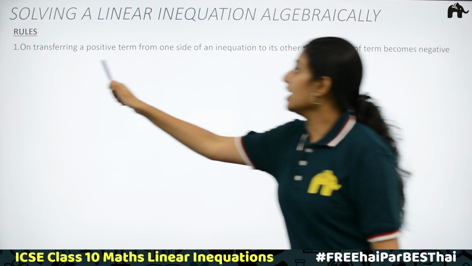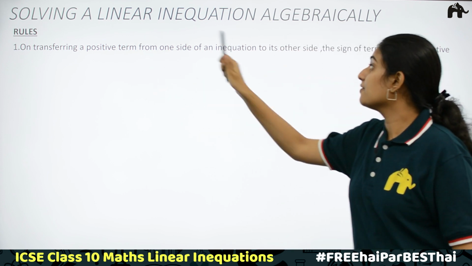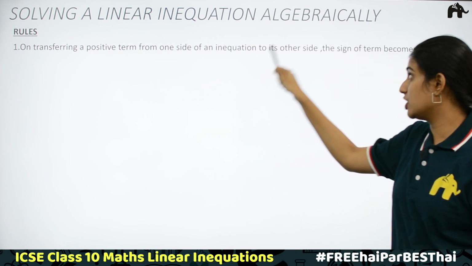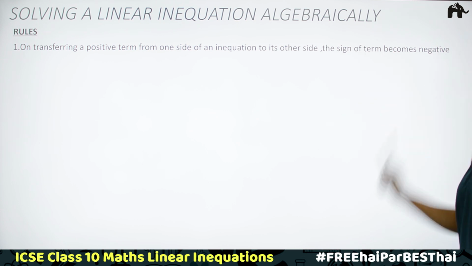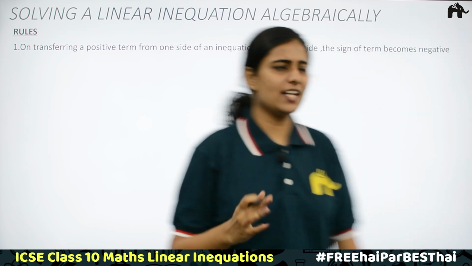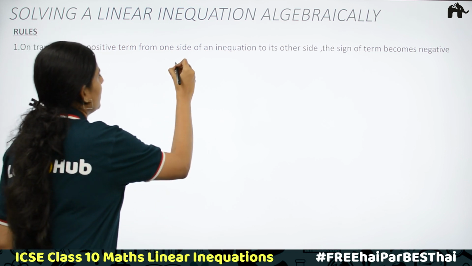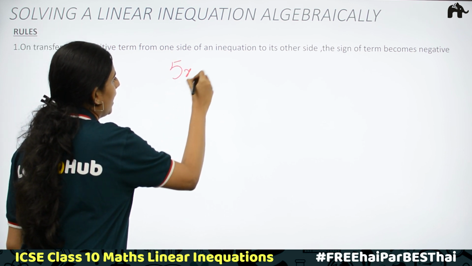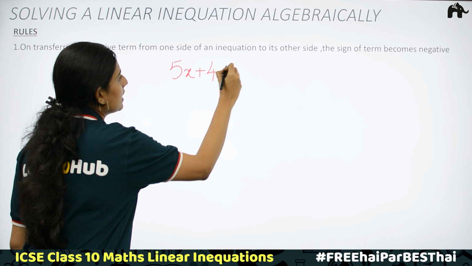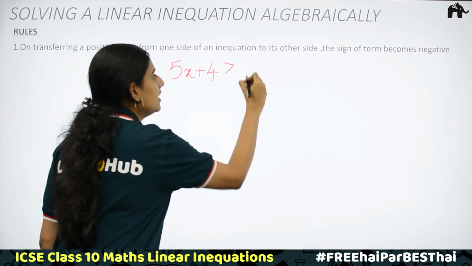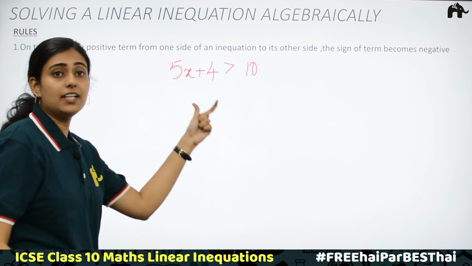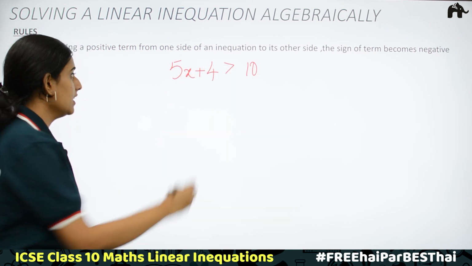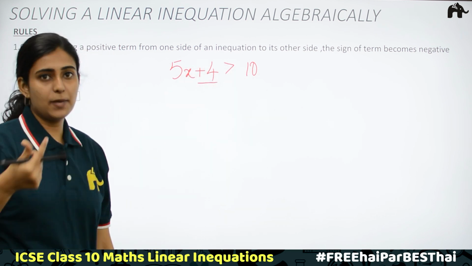First one, on transferring a positive term from one side of an inequation to its other side, the sign of term becomes negative. When we take an example, you can understand it easily. We have 5x + 4 > 10. Here, we are going to shift a term to the opposite side. This is a positive term, plus 4.